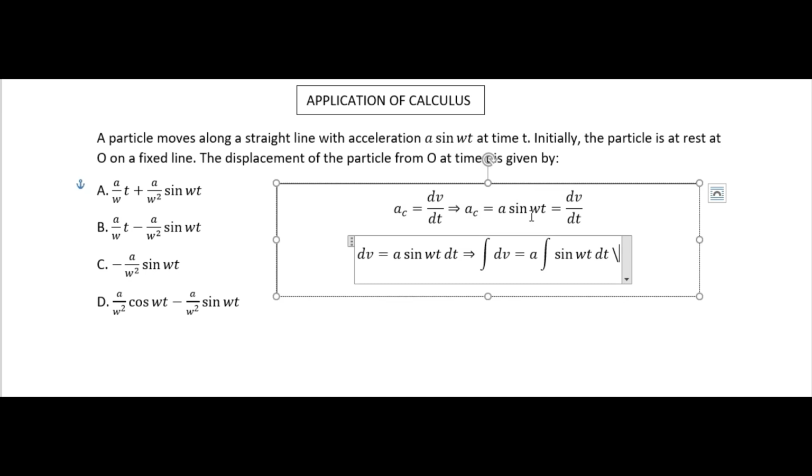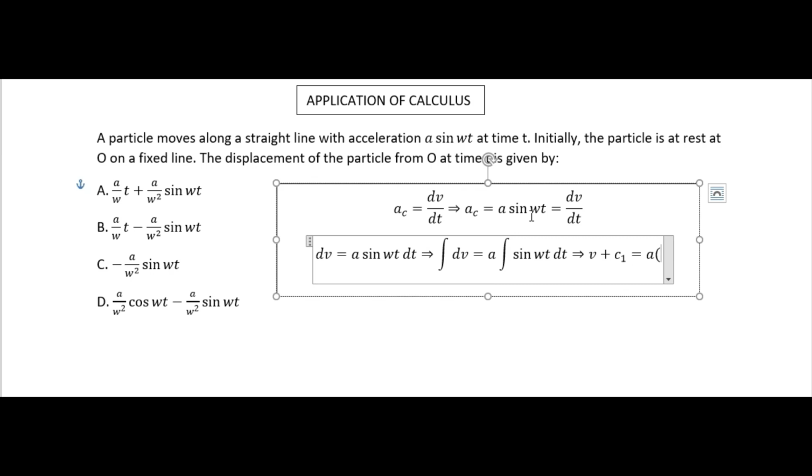When I integrate the left hand side, which is dv, I'm just going to get v. But since it is an indefinite integral, we need a constant of integration. So I have v plus a constant of integration, let me just say c1. That's for the left hand side. And then the right hand side, when I integrate, I have my a there.